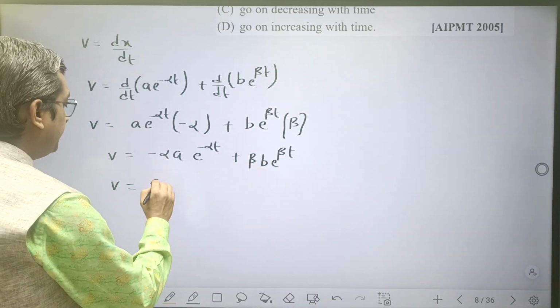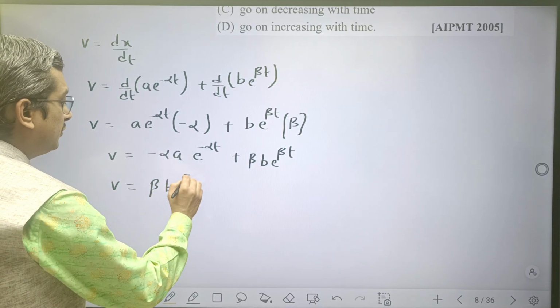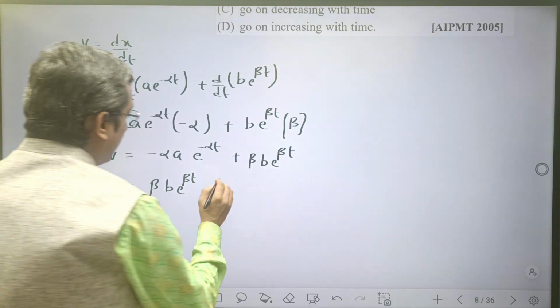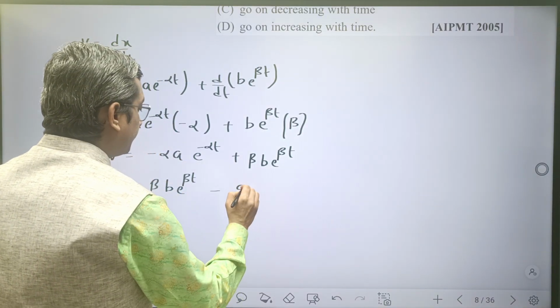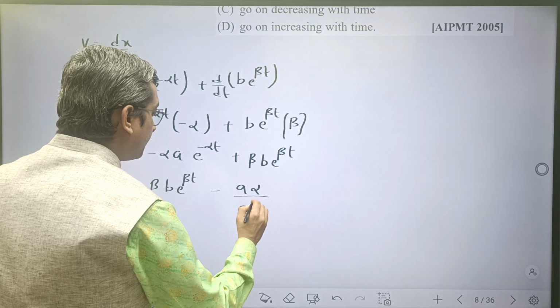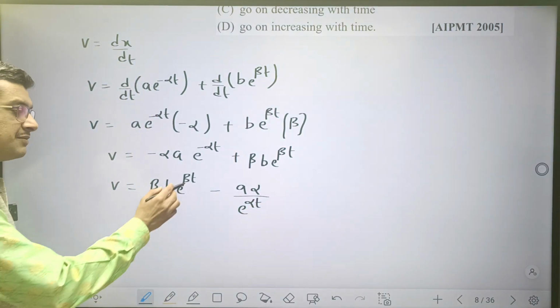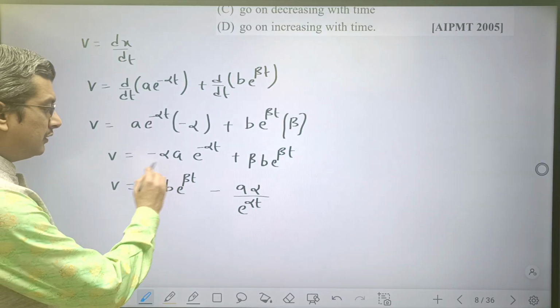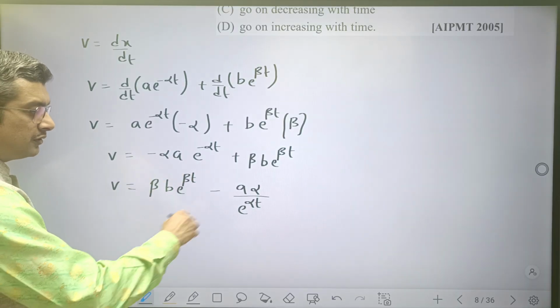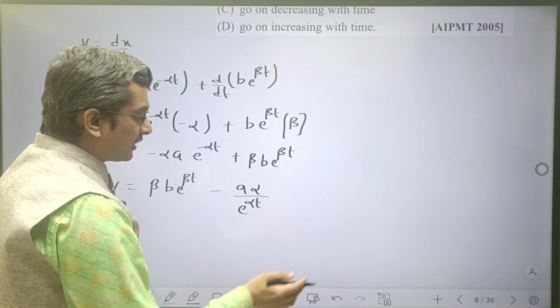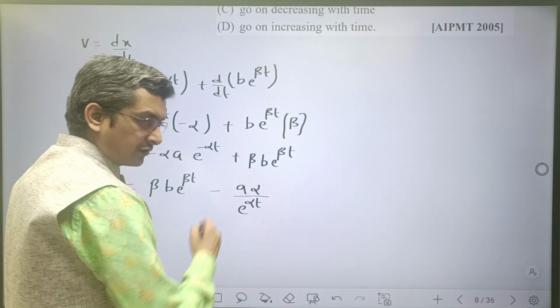This is beta b e to the power beta t minus a alpha by e to the power alpha t. So what happens as time increases, this value increases, and as time increases this value decreases.